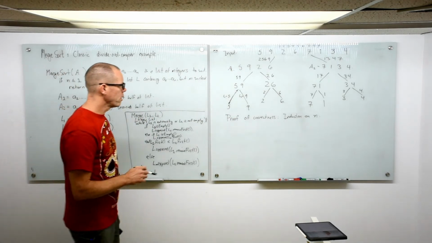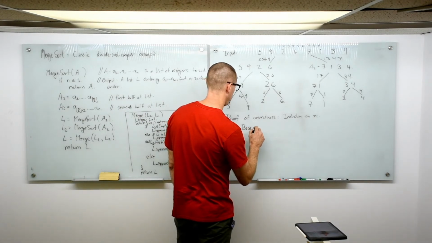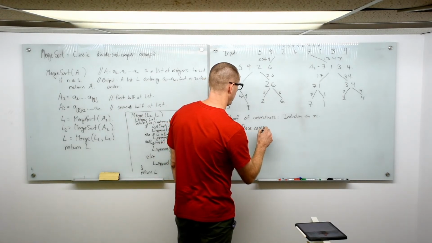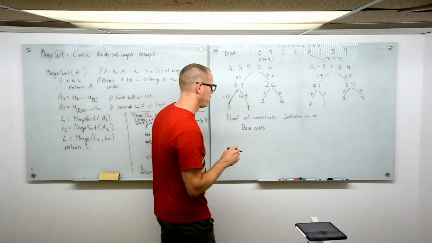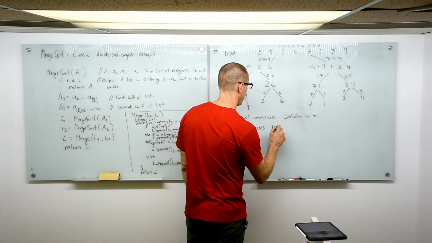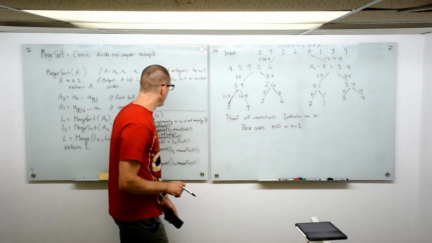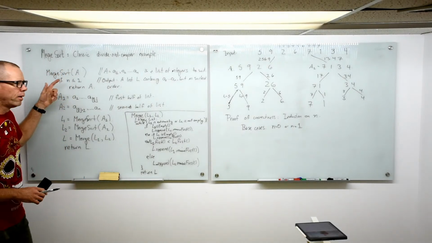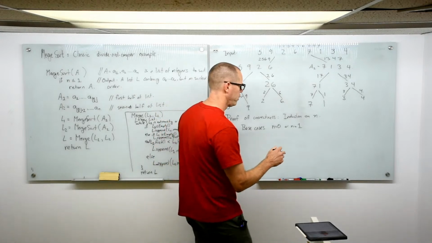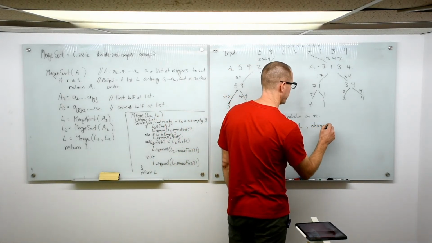The base case: the base cases are n equals 0 or n equals 1, in which case the code just returns the same list you gave it. And so that's obviously correct.